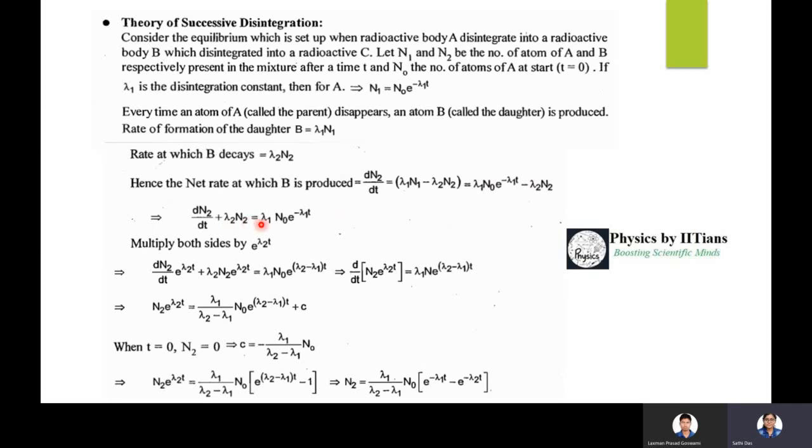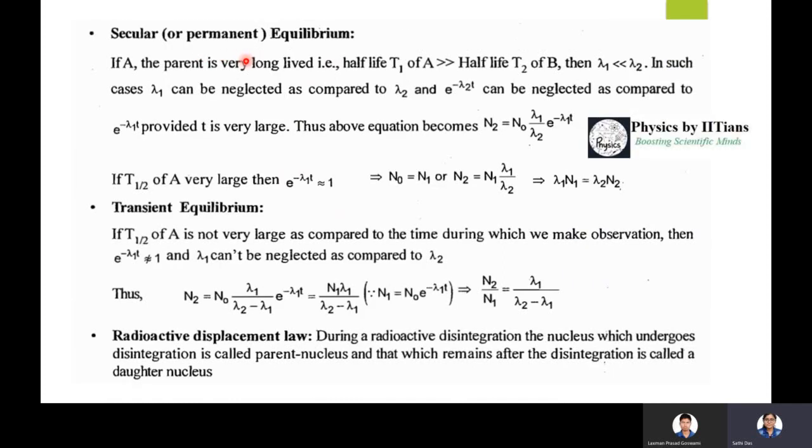Adjust these equations and you will get N2, the number of B atoms present at time t, equals lambda 1 divided by lambda 2 minus lambda 1 into N naught times e to the power minus lambda 1 t minus e to the power minus lambda 2 t. There are two kinds of equilibrium. One is the secular equilibrium, another is the transient equilibrium.